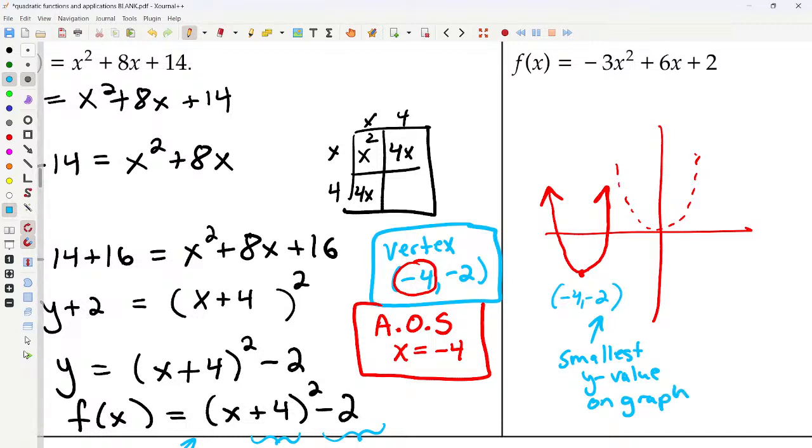Again, nothing you really need to write here, just really digest it, because these y coordinates are higher. These are higher, these are higher, these are higher. This is your smallest y coordinate. Putting it all together. If your parabola opens upwards, we say -2, in this particular example, is the minimum value.